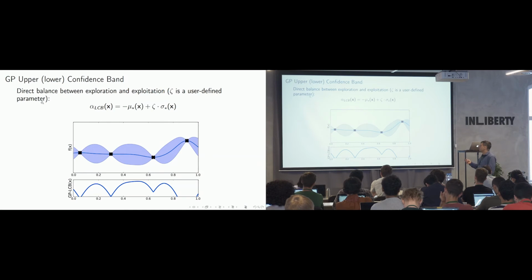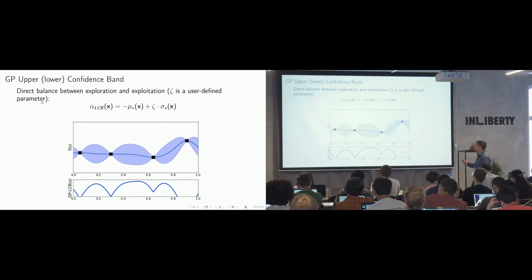And we see that exactly here I have two terms. One term is responsible for exploitation, and this term is responsible for exploration. Because when I optimize this acquisition function with respect to x, this will result in some point which either corresponds to the minimal value of mu of x, or which corresponds to the point x at which this posterior variance has a big value.